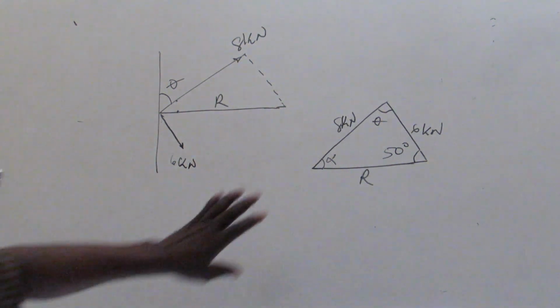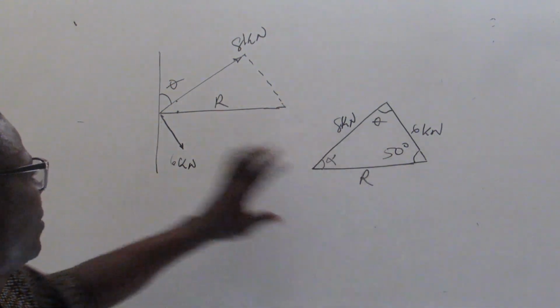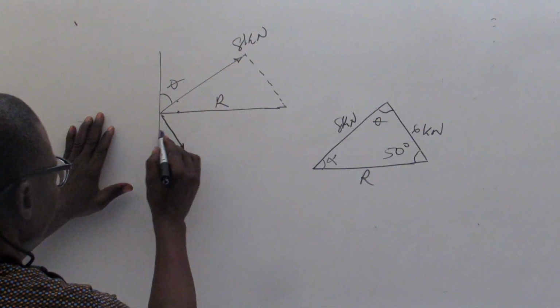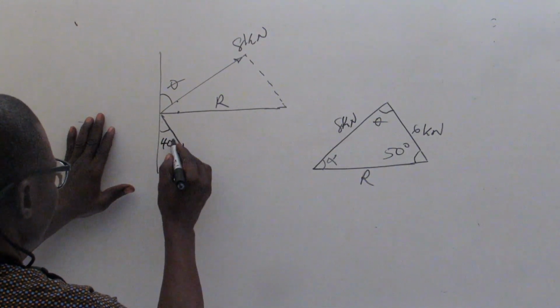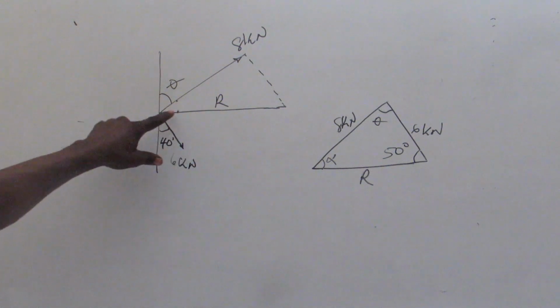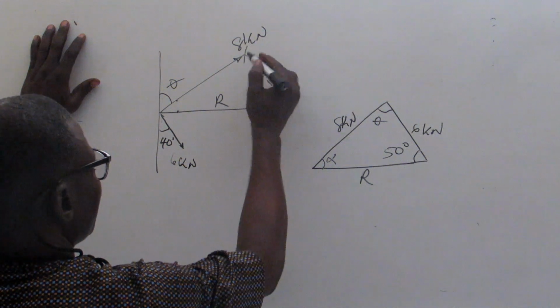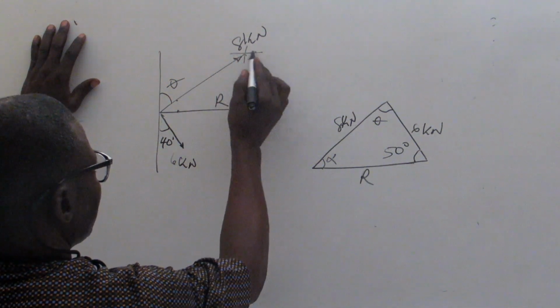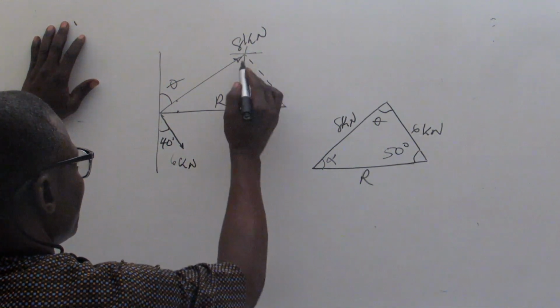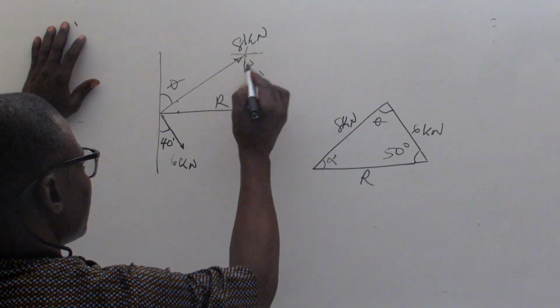Some may ask, how did we get at this 50 degrees? From here, remember, this is 40 degrees. We don't know this, but if we draw something here, we should know the value of this angle.